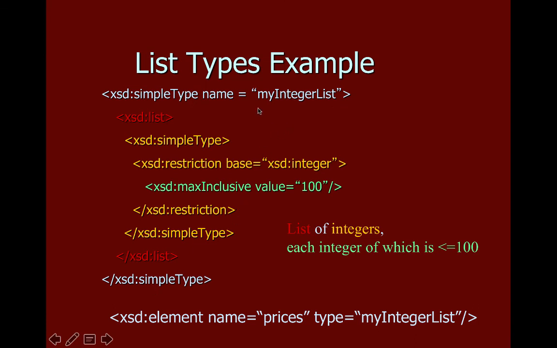Here you're saying that my integer list is a list of integers, each of which is less than or equal to 100. So for instance, if you want to have an element called prices and the value in that element is some integer that is less than or equal to 100, then that's how you declare it.